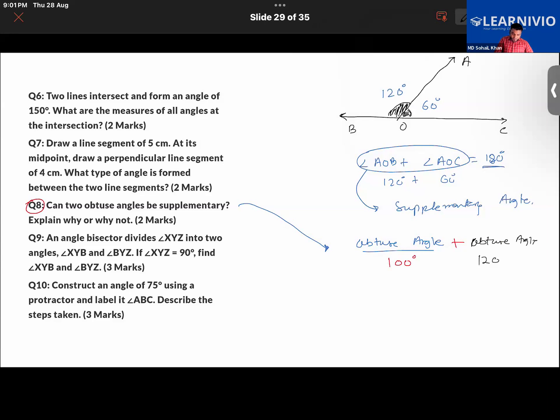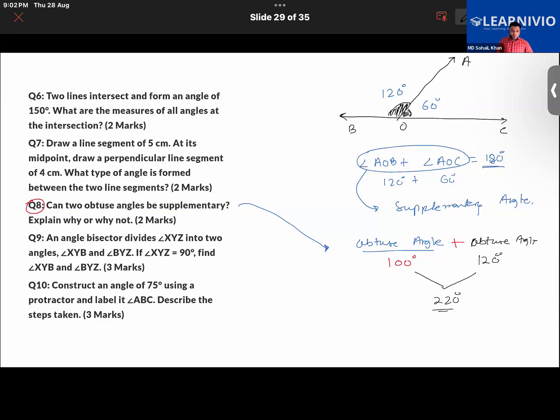How much is the sum of these two angles? 220. Okay, but can we call that an obtuse angle? You're saying no, as each is more than 90 degrees and 91 plus 91 equals 182. Exactly.